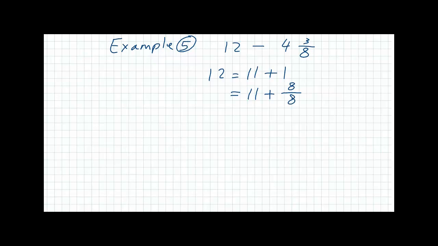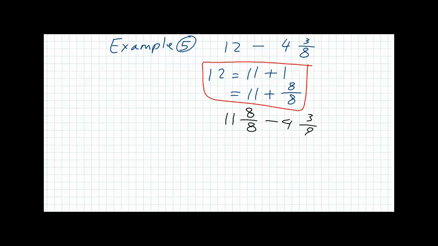So we choose the same number in the denominator for the second fraction. Now we can use this to complete our solution. Instead of writing 12, we will write 11 and 8 over 8 minus 4 and 3 over 8.